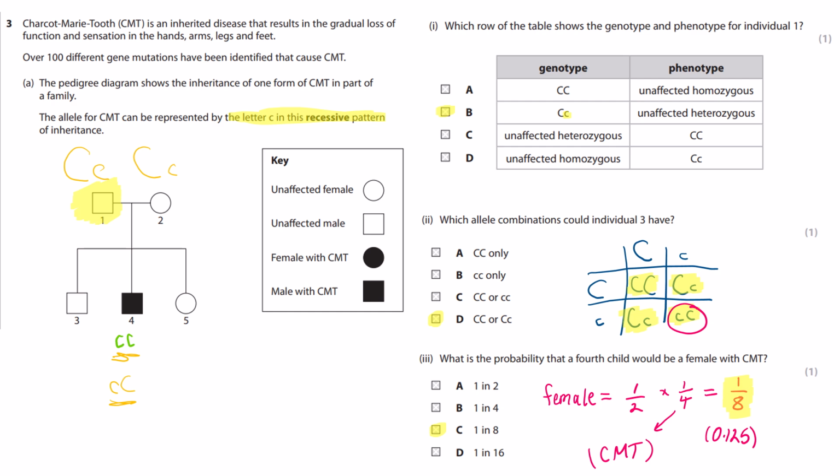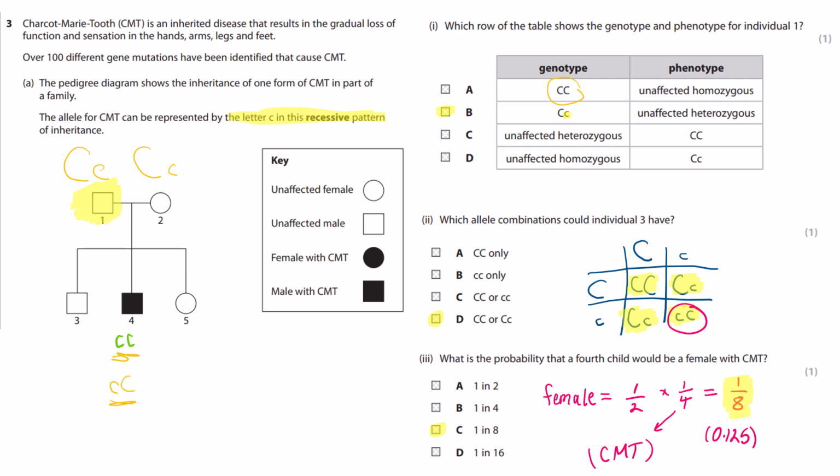Okay, which row of the table shows the genotype and phenotype for individual 1? Well, individual 1's genotype is going to be capital C, lowercase c, since it's a carrier. If it had double capital C, so if it is homozygous dominant, the question wouldn't make sense, or else child number 4 would not be affected.